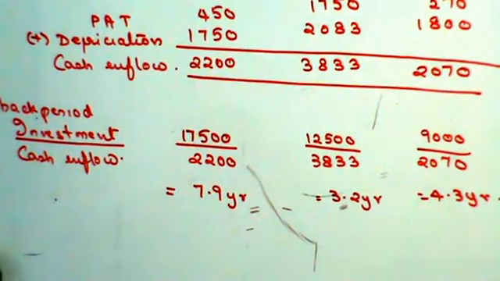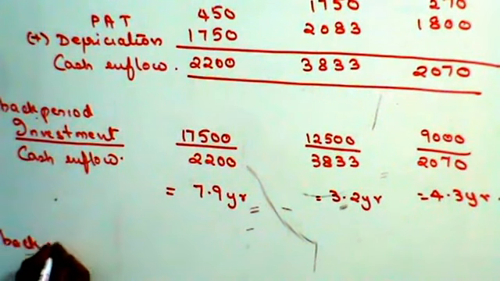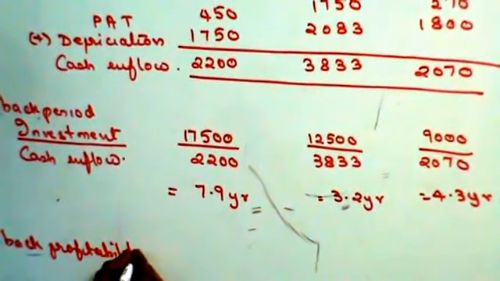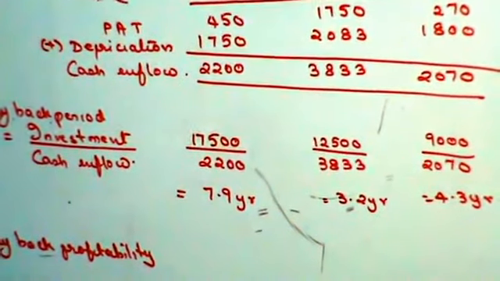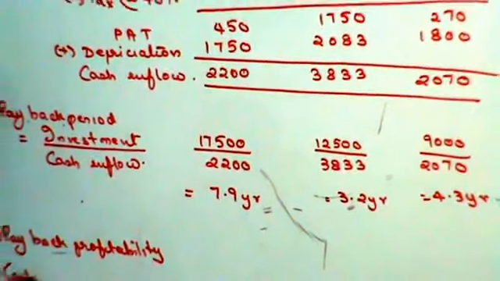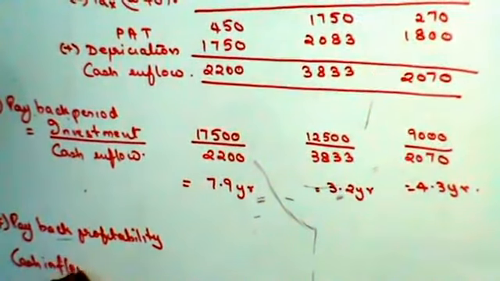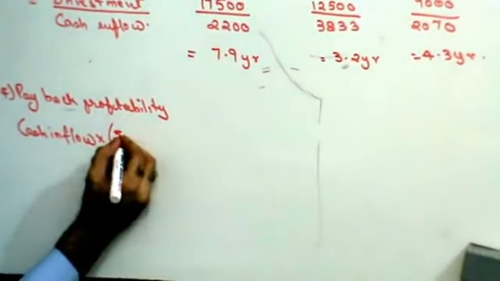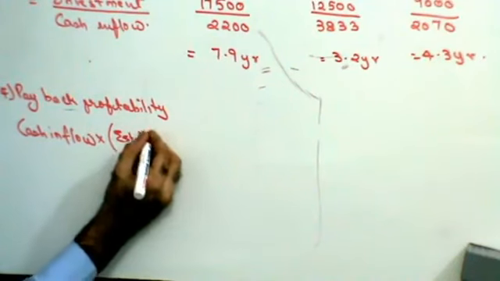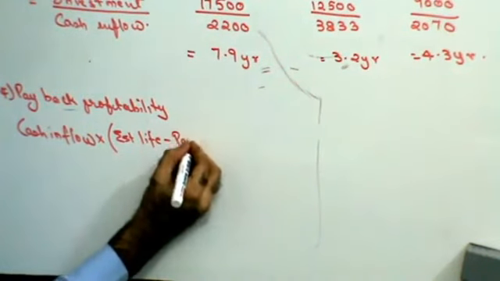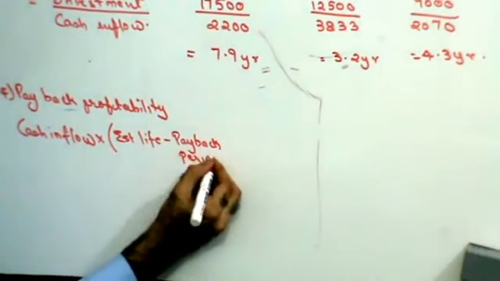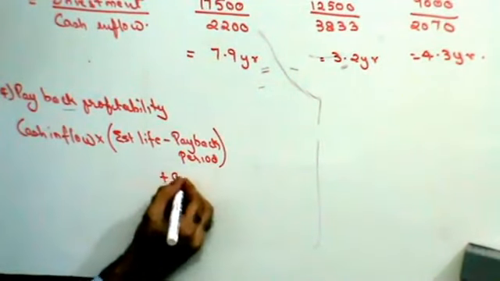Now besides this, I have to also find out my payback profitability. Guys, payback profitability is given by the formula cash inflow into estimated life minus payback period plus scrap.